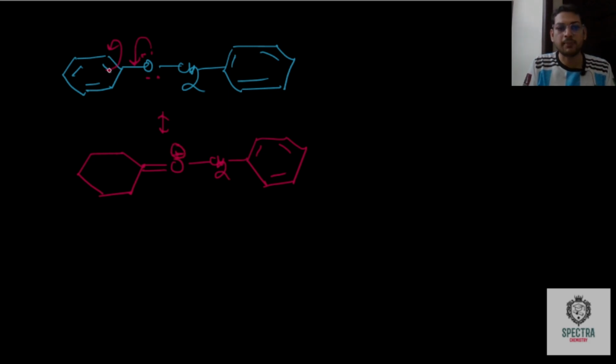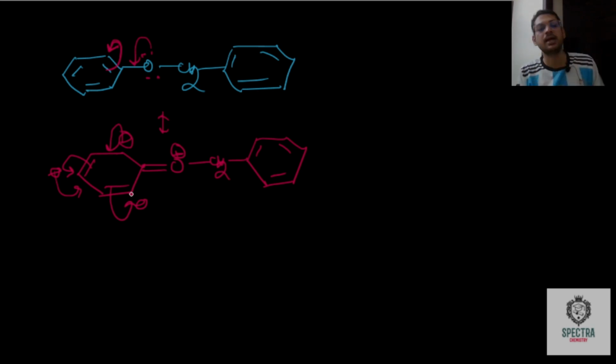Now this pi bond is breaking, and that negative charge has been taken by this carbon atom. If you do further resonance, you can get the negative charge here and here for the subsequent canonical structures. We don't need to do that.